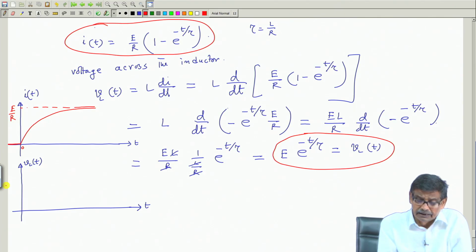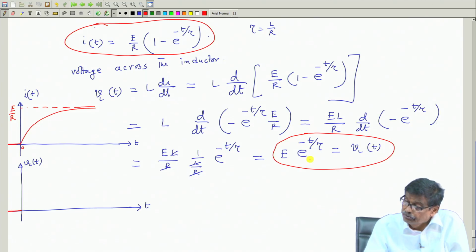Always try to sketch the current before t equal to 0, at least at t equal to 0 minus, what was the current. And now the voltage across the inductance. Before that there was no current in the circuit, open circuit, so that was 0.